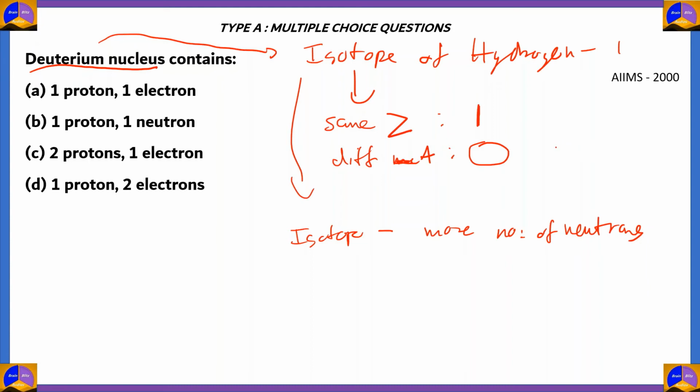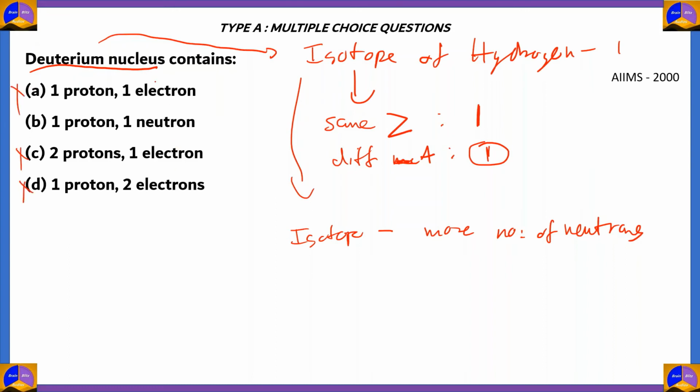So for deuterium to be different from hydrogen, it should have 1 neutron in its nucleus in addition to 1 proton to give a different mass number. So having said that, let's look at our options. Options A, C, and D are incorrect.